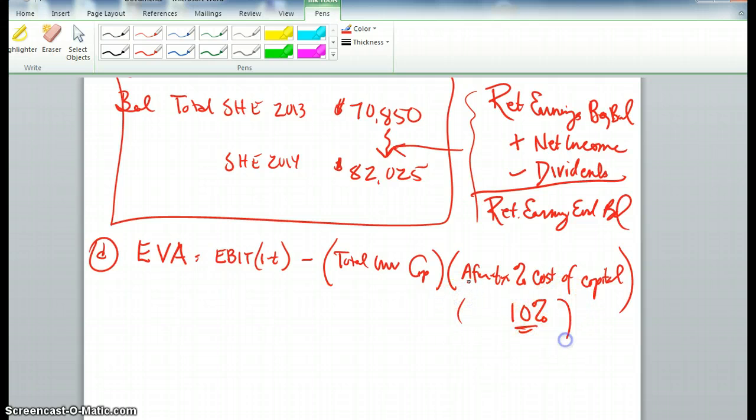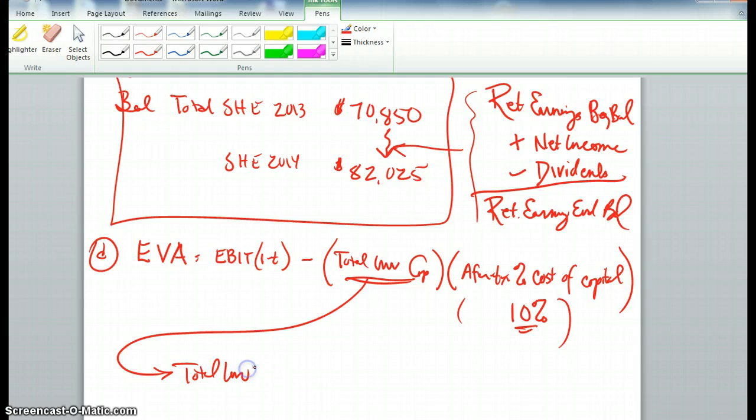So you're going to need to figure out what the total invested capital is. And so total invested capital is simply your notes payable and any other long-term debt and your common equity.